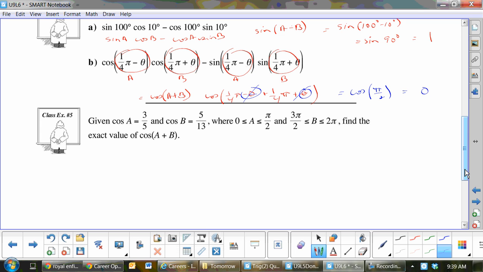Okay, we have cos A equals 3/5, cos B equals 5/13, where A is between 0 and pi over 2, and B is between 3 pi over 2 and 2 pi.